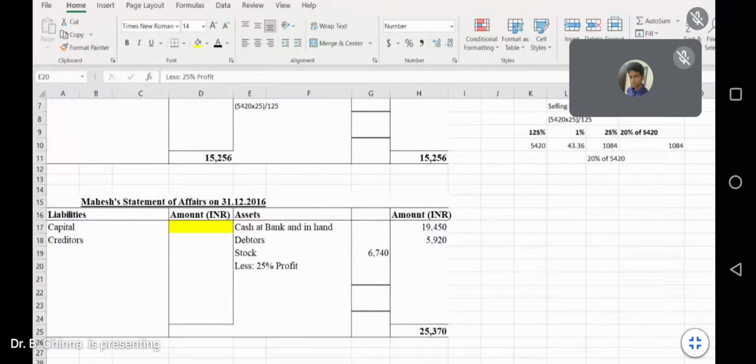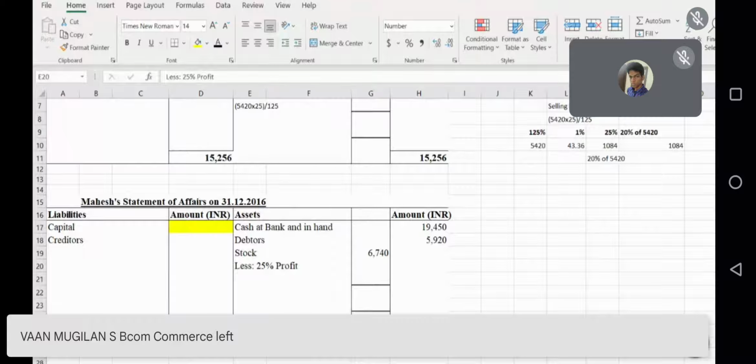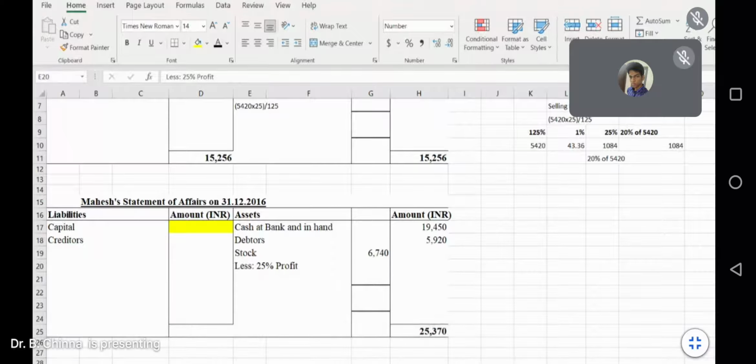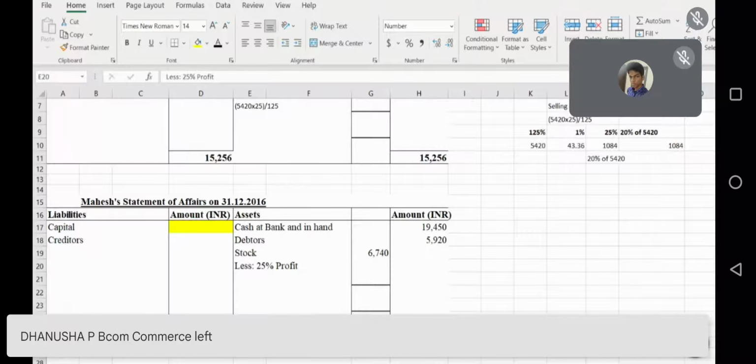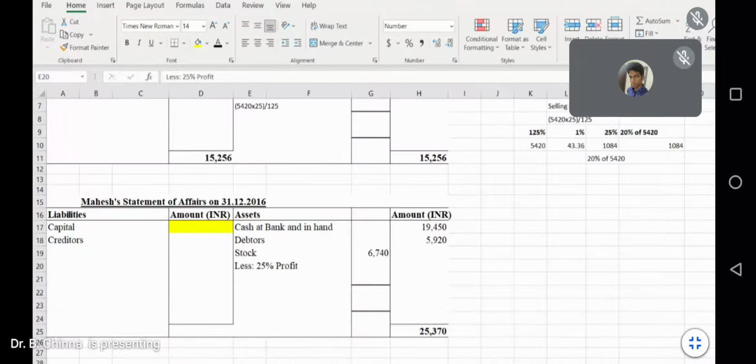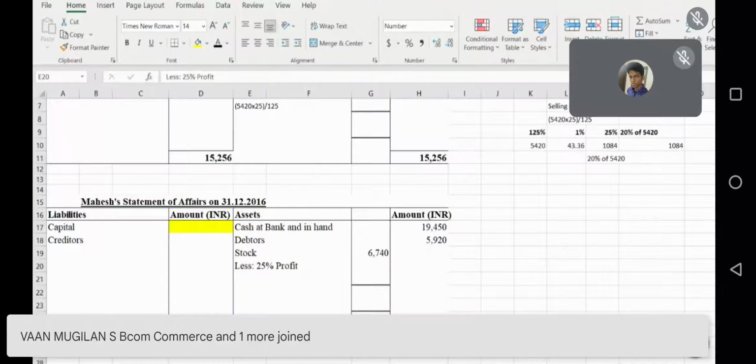Okay, students, quickly tell me the adjustment here. Here it is something on selling price, or directly a profit is given. What is the gross profit to sales? Just read it out. 25%.